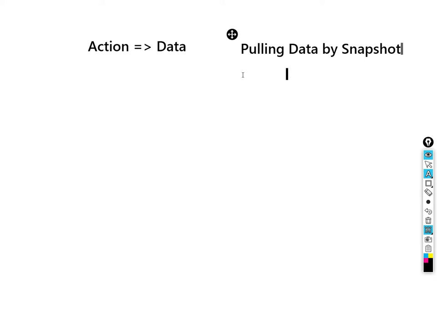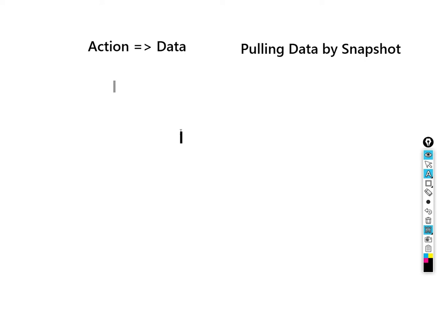Okay, choose this text. Yes, first we are taking action on the data. Okay, taking action on data, just like we are grabbing data from the database, we are pulling data, okay, by snapshot. We are snapshotting on data. Okay, you can say that just like as it is.